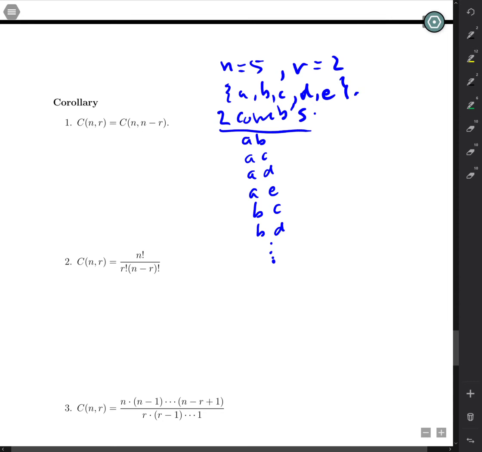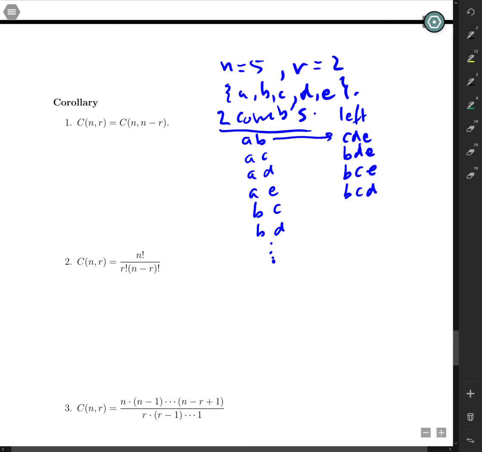I'm not going to write them all down. I think we'll get the idea here. If I take AB, I've left behind CDE, a 3 combination. If I take A and C, what I have left behind is BDE. If I take A and D, I have left behind BCE. If I take A and E, I've left behind BCD.